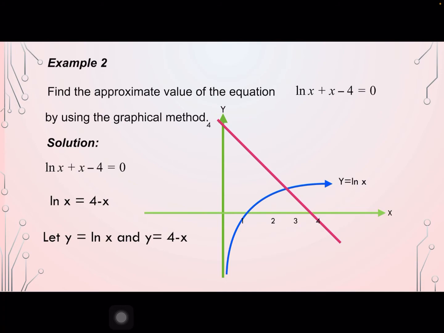So where is the approximate value of the equation ln x plus x minus 4 equals 0? It's supposed to be at the intersection of these two curves. So the intersection is at x approximately equals 2.5.